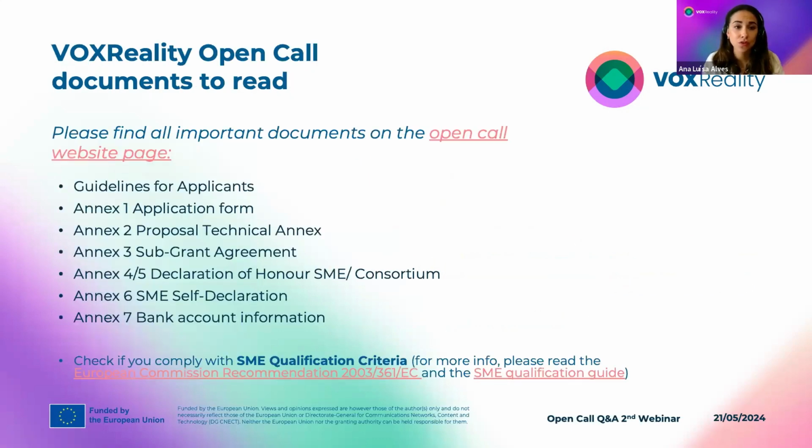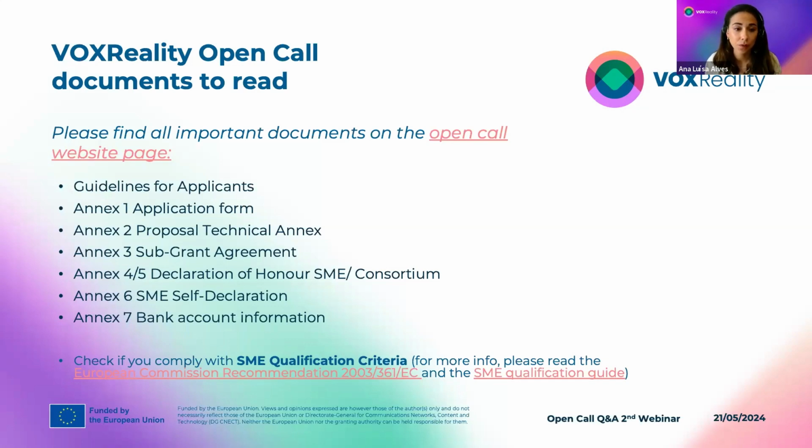All the documents that you should read are mentioned here, and we will start with the guidelines for applicants and all the annexes of the guidelines for applicants, meaning the application form, that is the same application that you will find online, but we offer you a PDF format where you can see all the details you need to fill in.